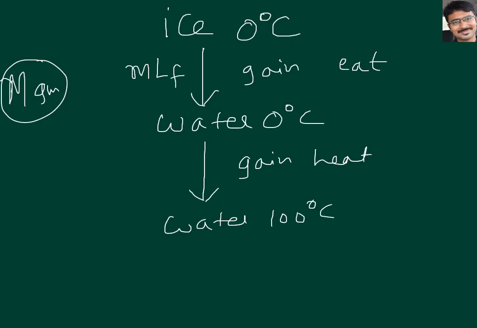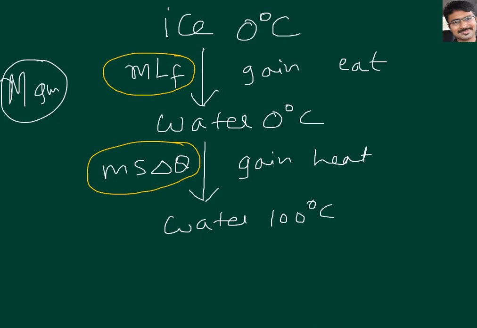And next, water at 0 to water at 100, what do I have to use? Yes, ms delta theta, because of change of temperature. mLf for change of state, ms delta theta for change of temperature in the same state.